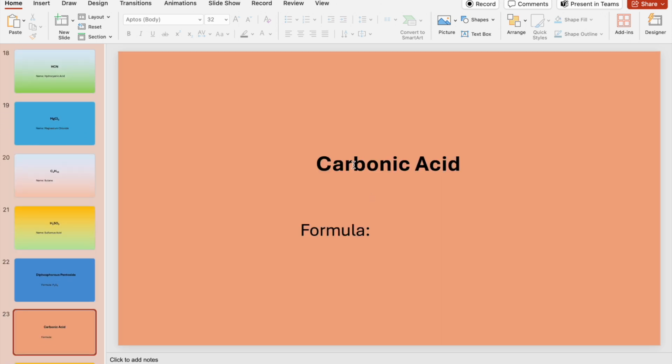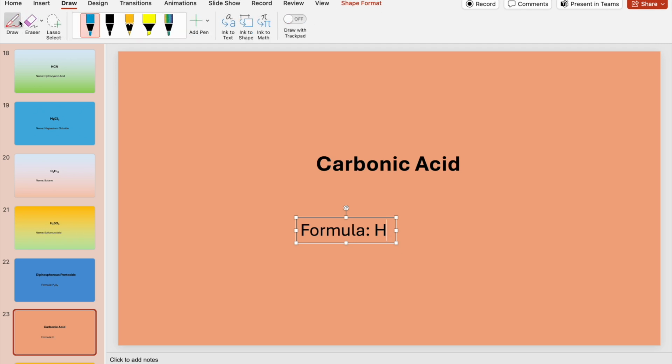Carbonic acid, also known as soda, H2CO3. Let's talk about why. So carbonic acid. Acid means ding, ding, ding, you need an H. Yay. Now, with acids, it's sort of like ionic compounds where you do have to worry about charge. How exciting. So H, remember in acid, H is always +1.